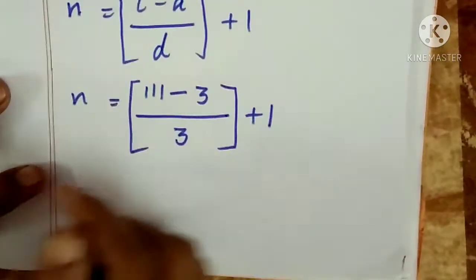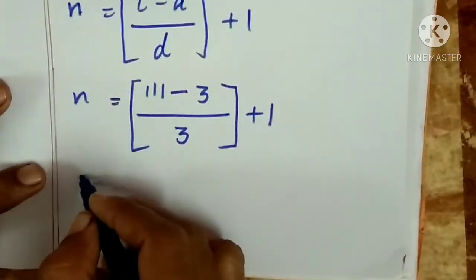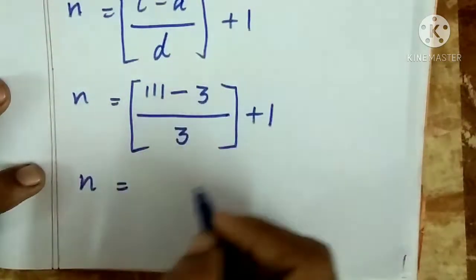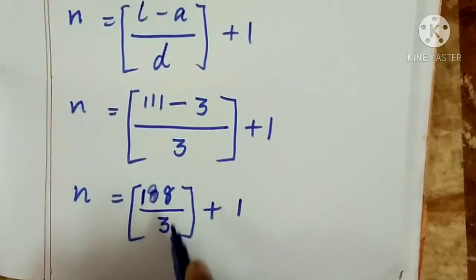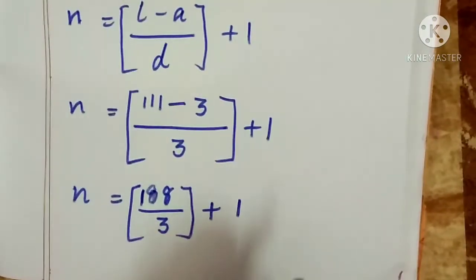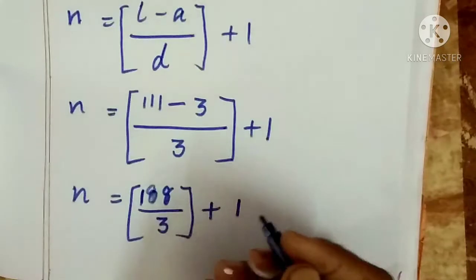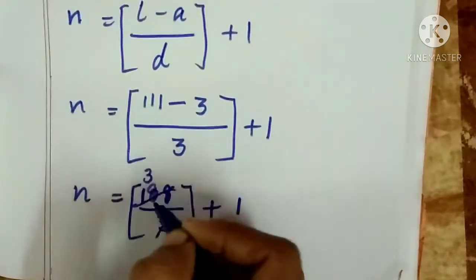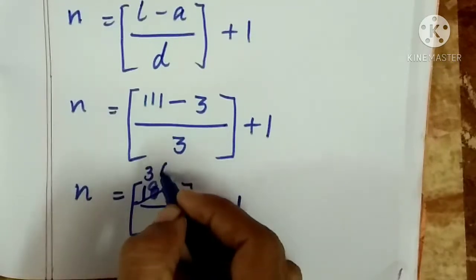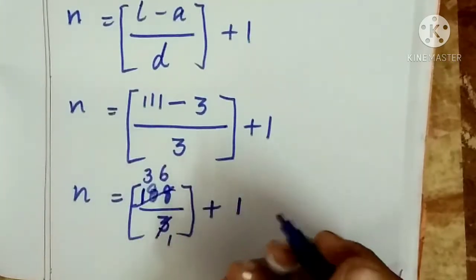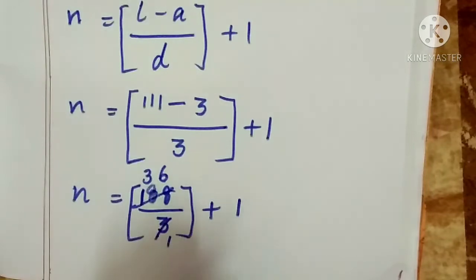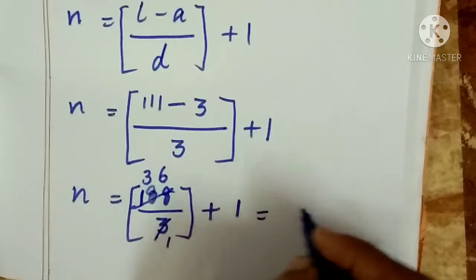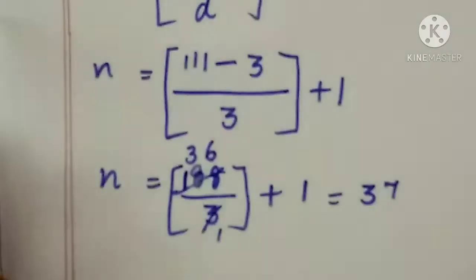Now you have to simplify this, so we get n is equal to 111 minus 3 is 108, by 3, plus 1. Now you write the 3 table: 1 3 is 3, 3 3s are 9, 6 3s are 18. Therefore, n is equal to 36 plus 1, that is 37.